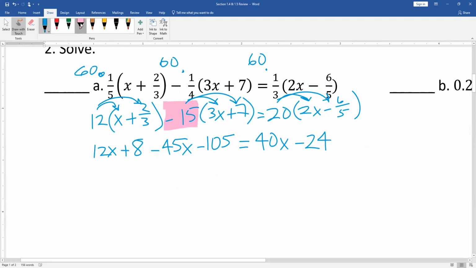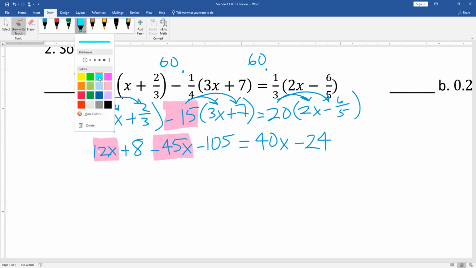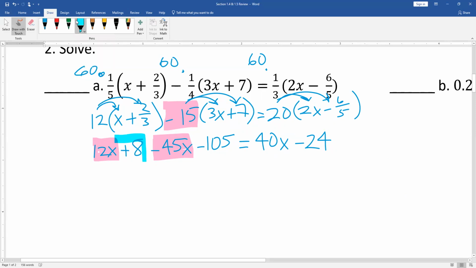Okay, so let's combine like terms. So we have a 12x, we have a negative 45x. Over here, we don't have to do anything on the right side. And then we also have a positive 8 that we need to combine with a negative 105.